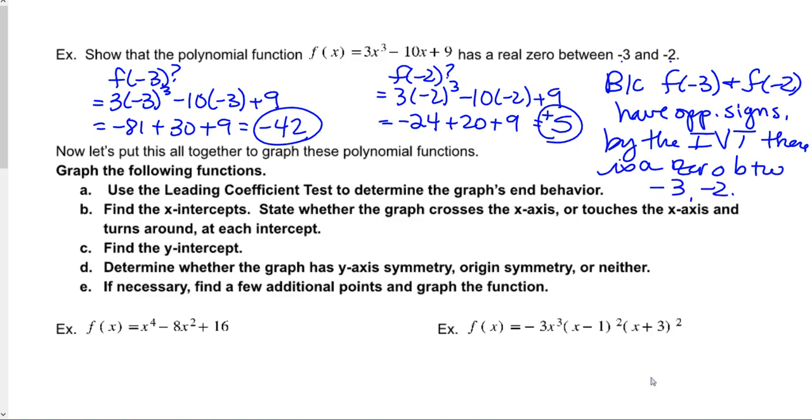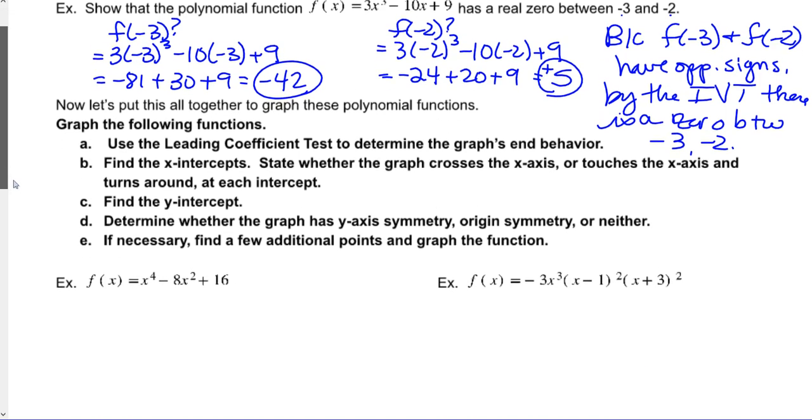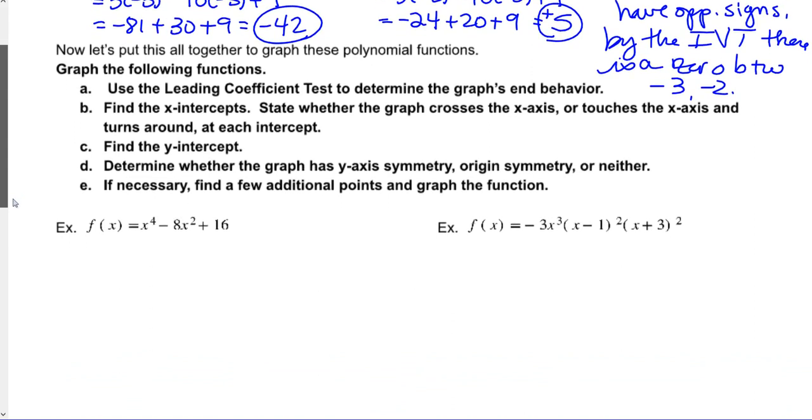Okay, so that's basically what we have there. And again, that's used whenever you're kind of graphing and you don't have a utility to graph it. A lot of times we'll have that utility, but there are ways to check it without. Okay. All right, so now let's put this all together.